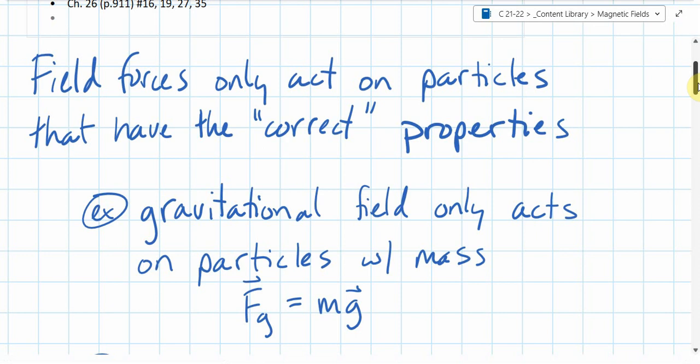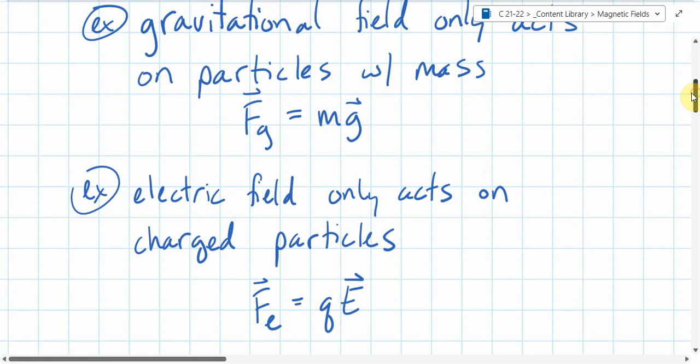Mass is the thing that creates the gravitational field, and then the gravitational field exerts the force on a mass. And that force is the mass of the particle times the gravitational field. Or when we did electric field: electric field is caused by charged particles, and it only exerts force on charged particles, and the force it exerts is the charge of the particle times the electric field.